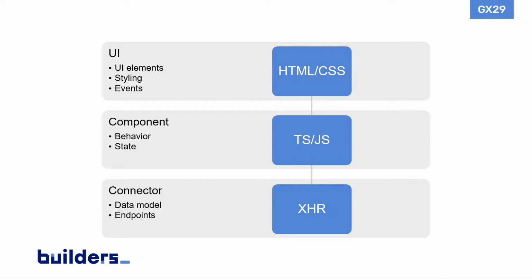But what do we generate? Let's focus on the Angular generator. What we generate at the front end are these three layers, these three elements. On the one hand, we have the user interface, what the user sees.